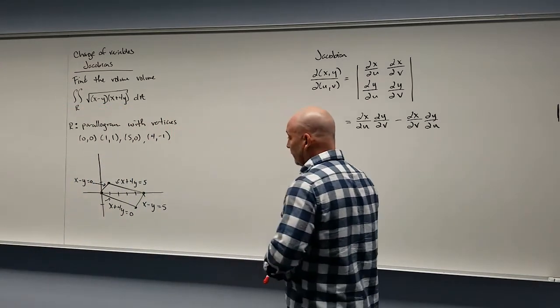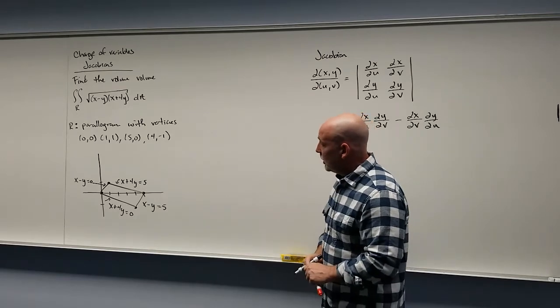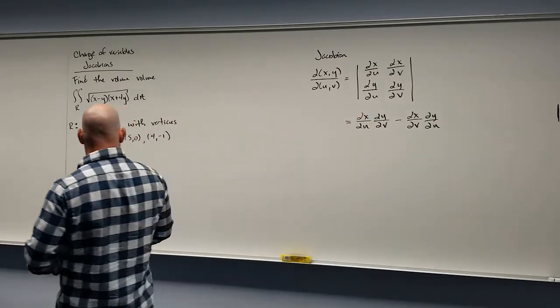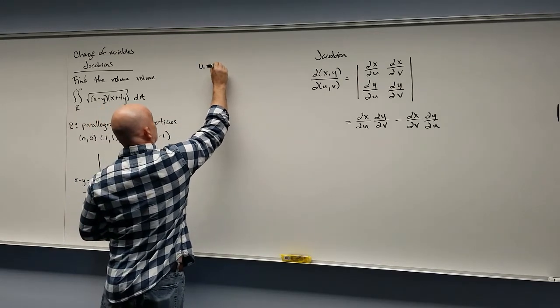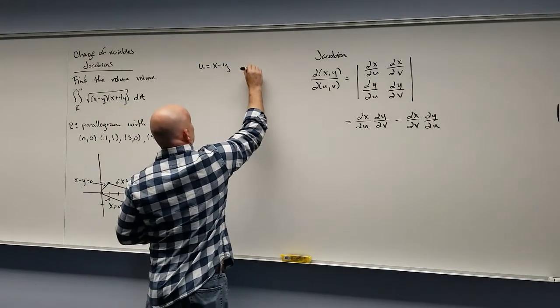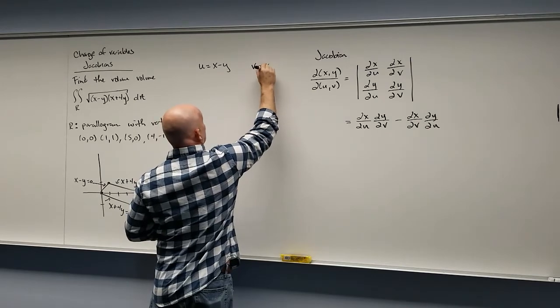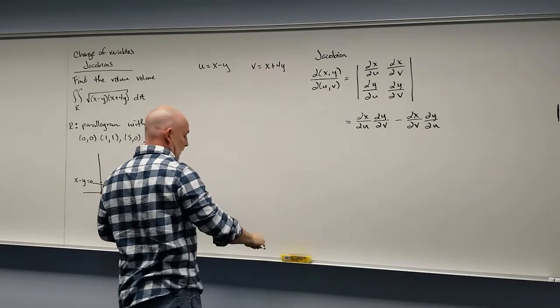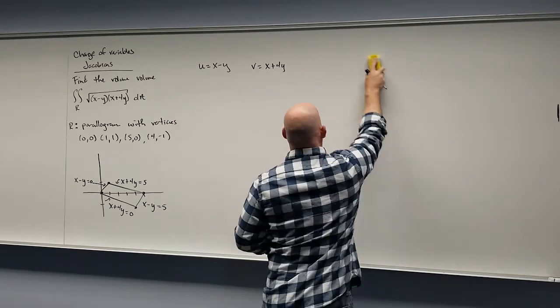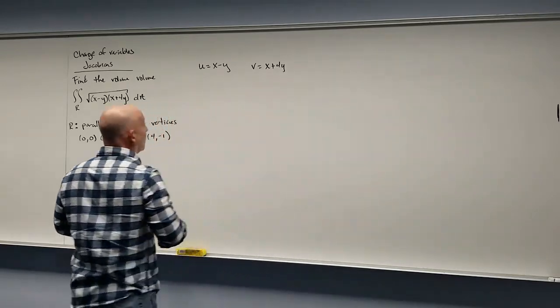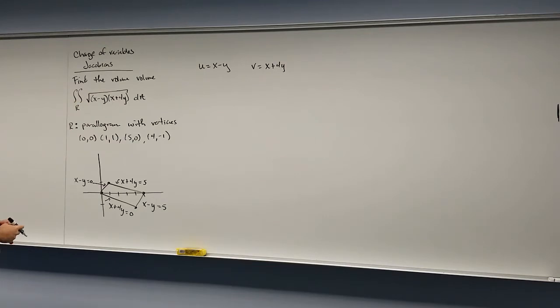Okay. So if I'm going to make this substitution, let's let u and v be these two things. Let's let u be equal to x minus y, and v equal to x plus 4y. All right, that will greatly simplify our region.